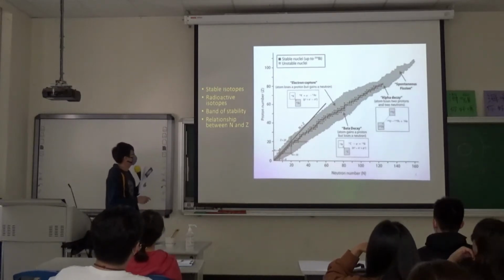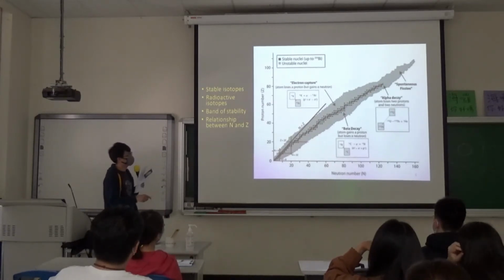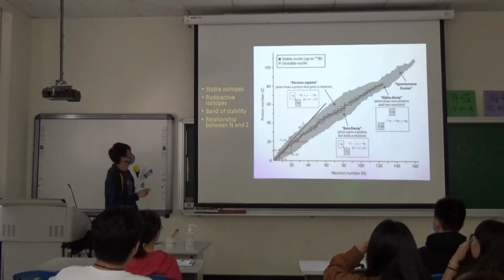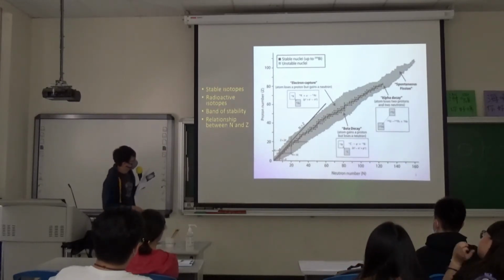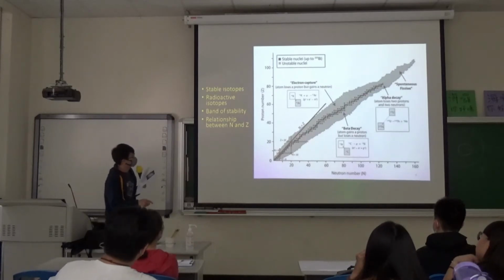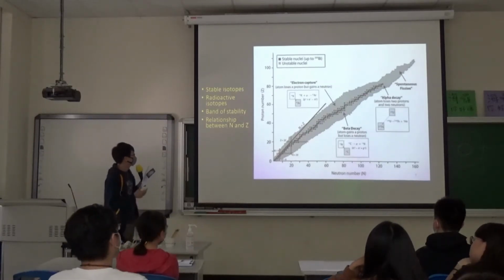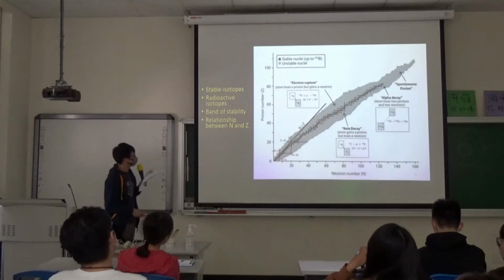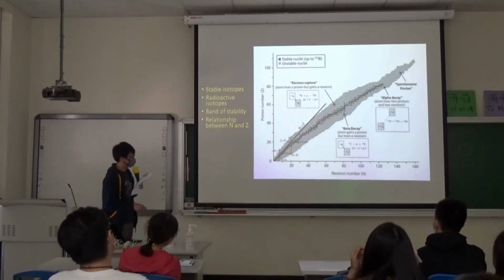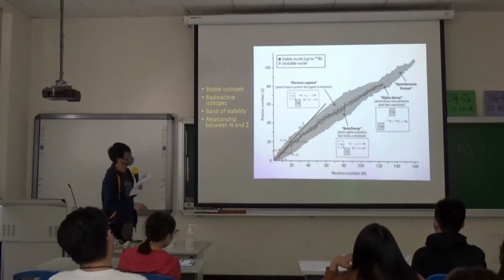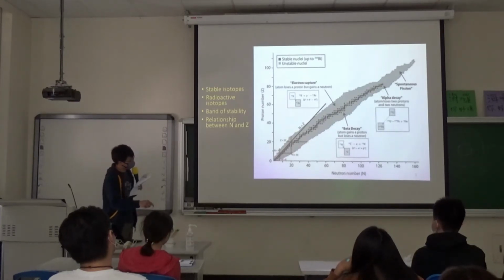I will say why they are stable or unstable. The band of stability is this, showing the relation between N and Z. This is the X-axis and this is the Y-axis.